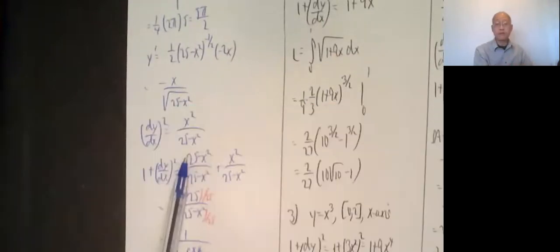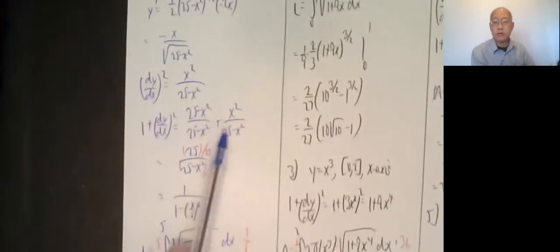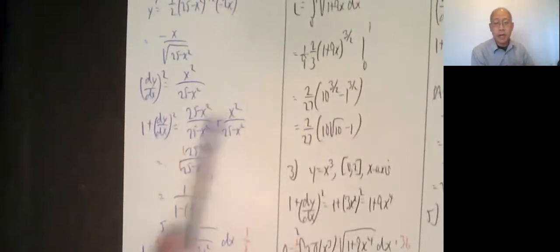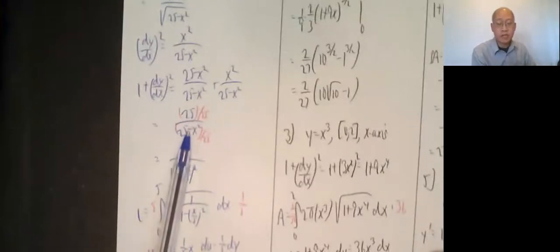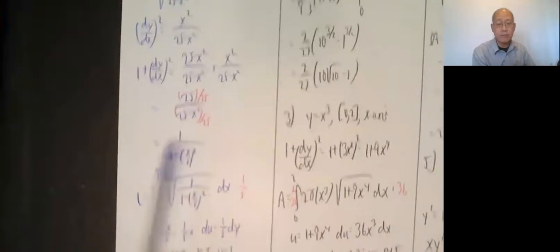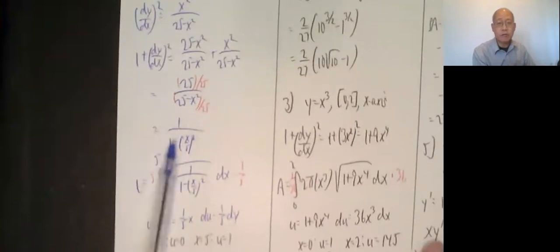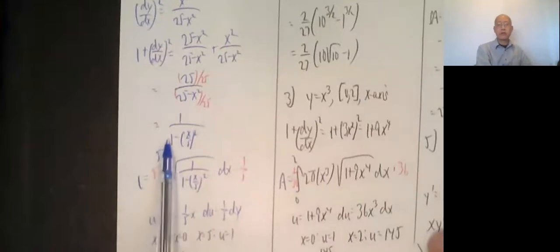I add 1 in the form of 25 minus x squared over 25 minus x squared plus x squared over 25 minus x squared. Add them up, x squared cancels out. I have 25 over 25 minus x squared. I will divide the top and bottom by 25. So it looks like 1 over 1 minus parentheses x over 5 squared. All right, so that's what goes underneath the radical for the arc length formula.